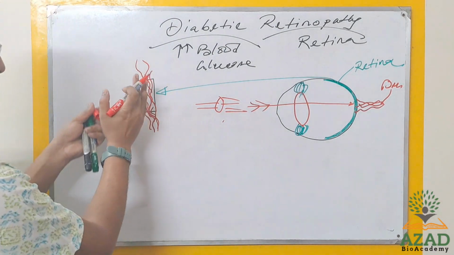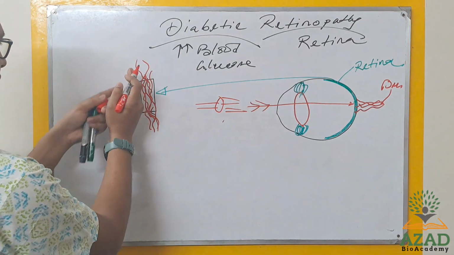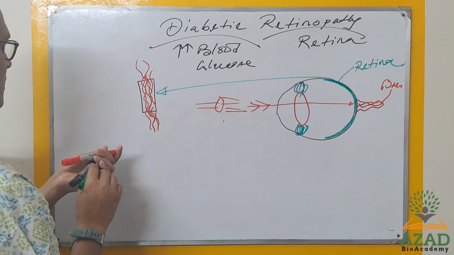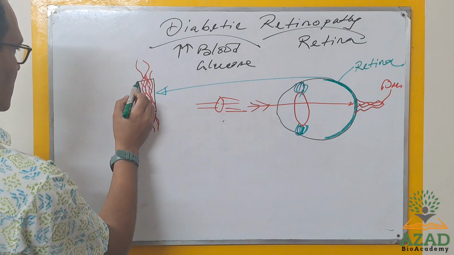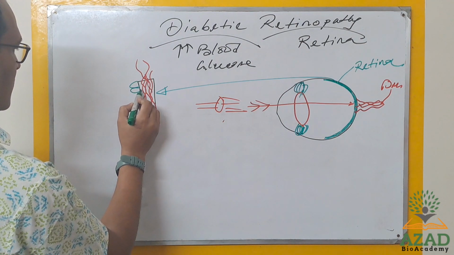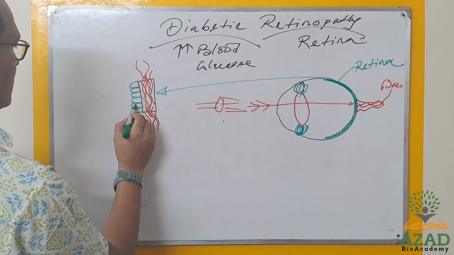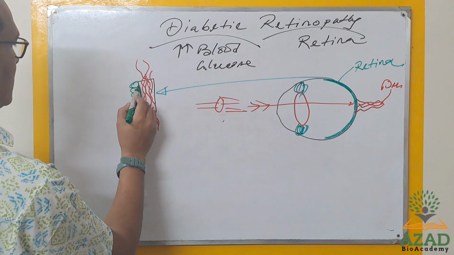The choroid is not part of the retina. After that there is Bruch's membrane, and then the retina structure begins. Here is the pigmental epithelial cell.